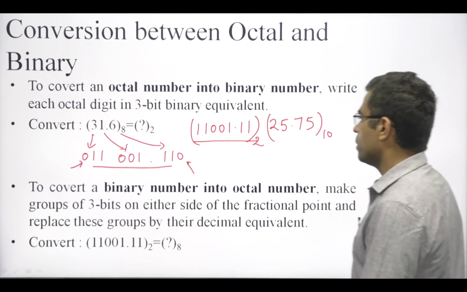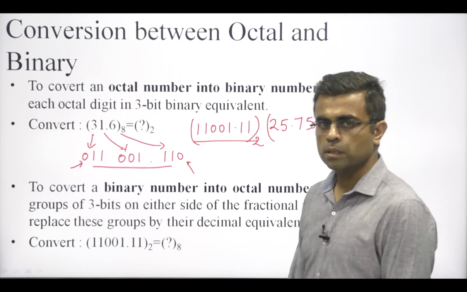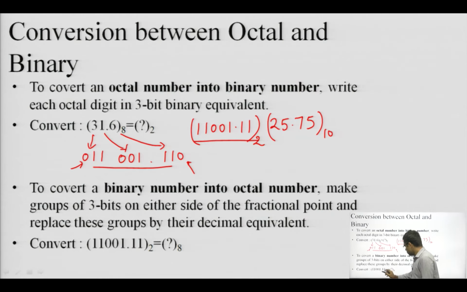Similarly, to convert a binary number into an octal number, make groups of 3 bits on either side of the fractional point, and replace these groups by their digit equivalents. So, for this 11001, these 3 bits will be grouped. Here we have a deficient group, so I will use an extra 0 on the left to make a group of 3 bits.